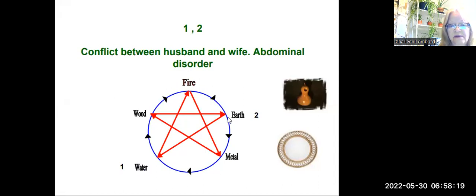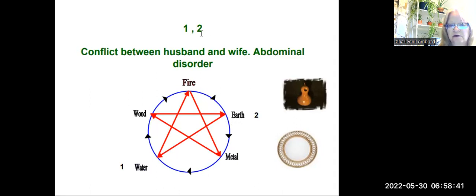And the reason for that is because number 2 is earth. Earth controls water. So anytime that you have earth controlling water, you are causing energy to be conflicting. So that means that there's too much earth energy in the room.